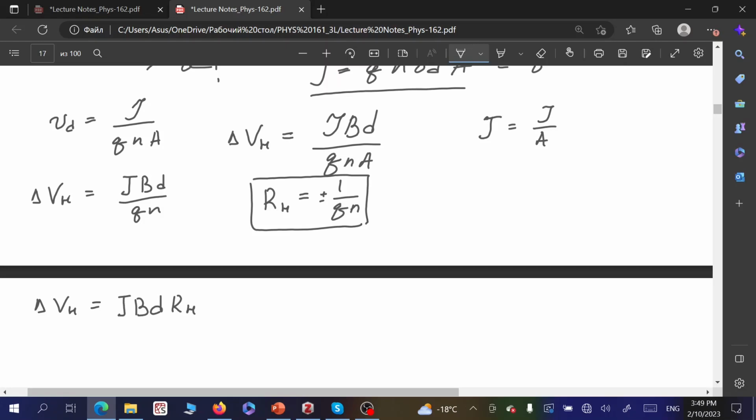From here, we express R_H, the Hall coefficient.